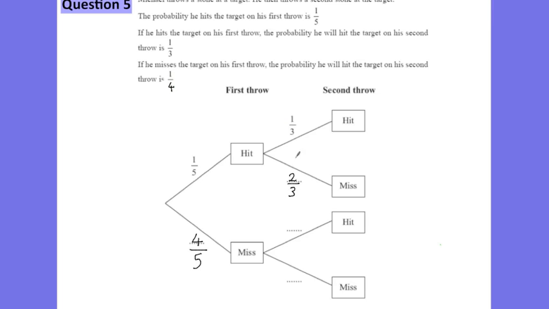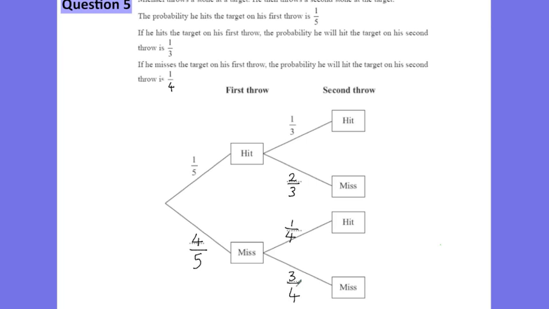This is different to the probabilities here. If he misses his target on his first throw, the probability he will hit his target on his second is 1/4, not 1/3. Therefore, the miss will be 3/4. Must add up to 1.